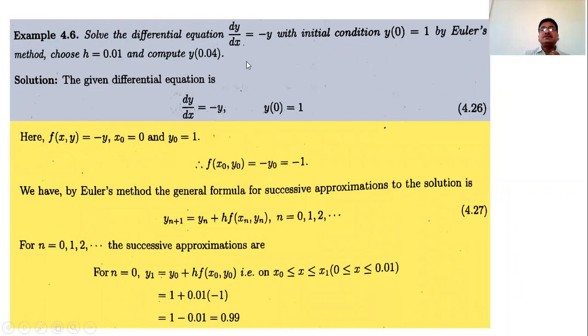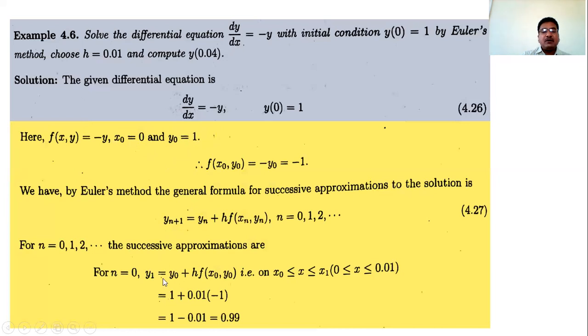The value at 0 is given, and we have to find the value at 0.04 by taking h as 0.01, that is, we get the first value at 0.01, then at 0.02, then at 0.03, and then at 0.04. That is, y4 is our last answer. So first y1, then y2, y3 and y4 is our final answer.